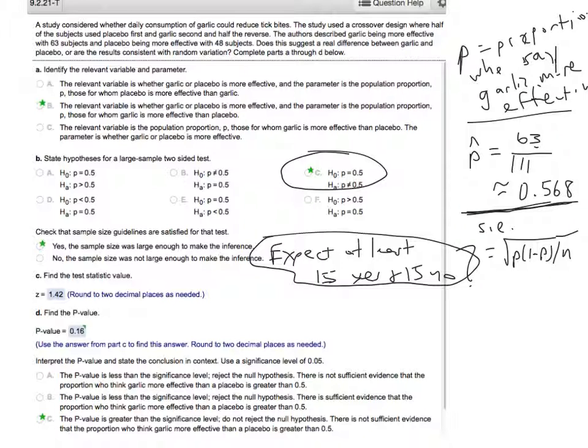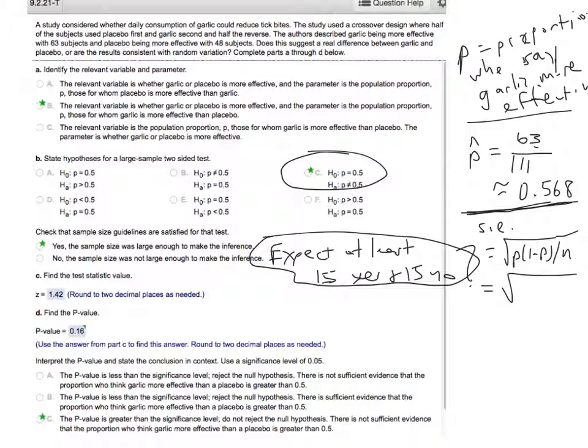So since we do actually know p in this case, it's the hypothetical value of p. That's the whole idea of hypothesis testing, is that we're building a distribution based on the assumption that the null hypothesis is true, and then we're measuring whether or not that's consistent with the data. And so with hypothesis testing, we do know p. I mean, it is hypothetical, but in our distribution, we know what p is.